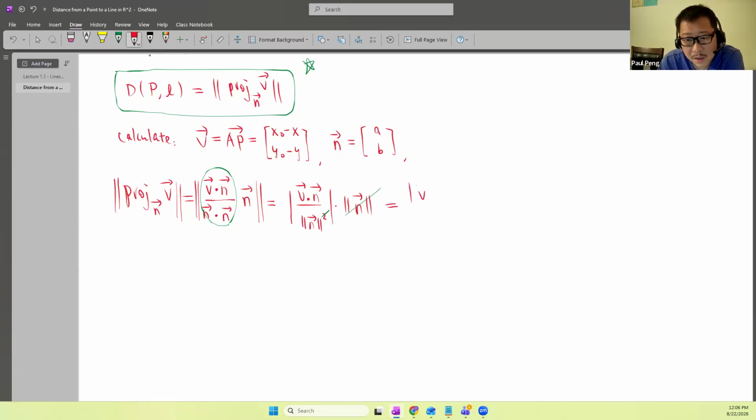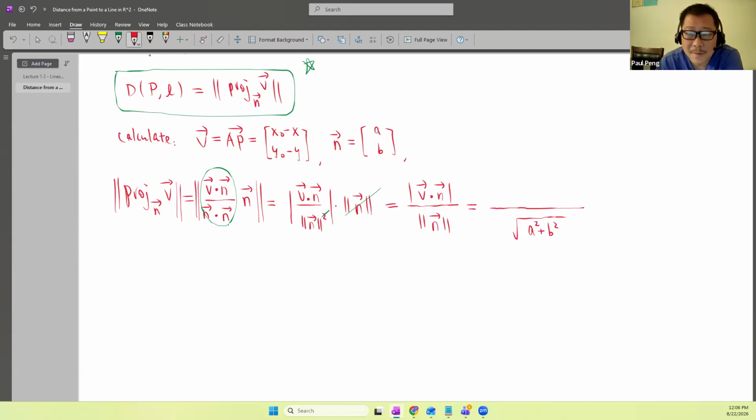We get v dot n in the numerator, and the denominator will be the norm of n, the square root of a squared plus b squared.